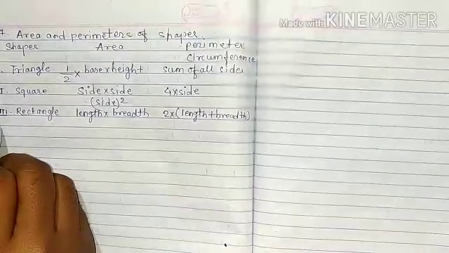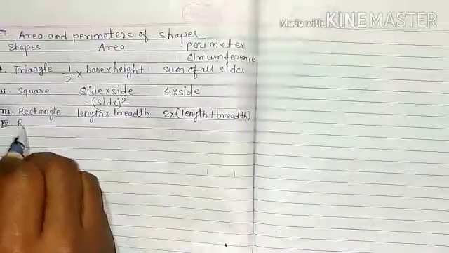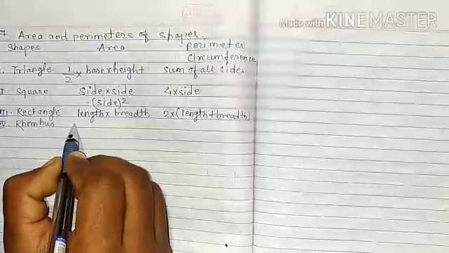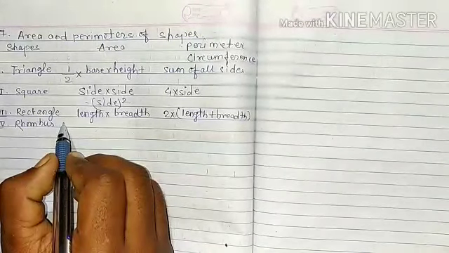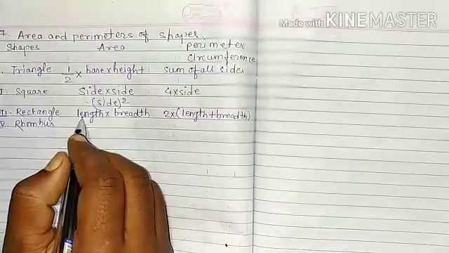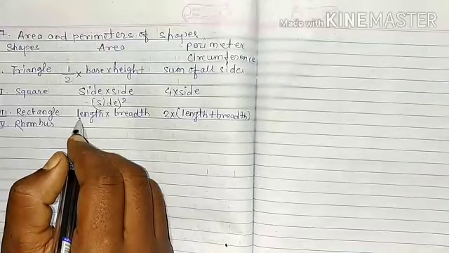Next step, rhombus. Rhombus is a parallelogram in which all sides are equal and opposite sides are parallel to each other, and their diagonals bisect each other at a right angle, but their diagonals are not equal.